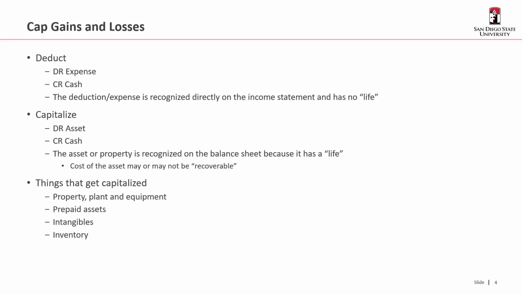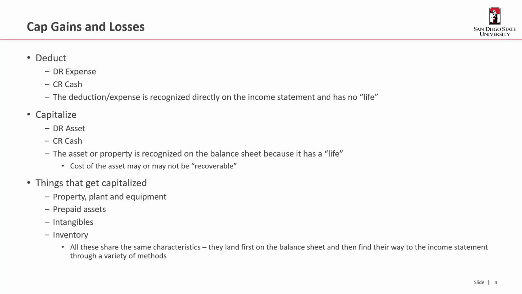So things that get capitalized are things like property, plant, and equipment, right? These fixed assets that we're used to seeing. Prepaid assets are capitalized and then amortized. Intangibles can be capitalized. And of course, the cost of inventory, strangely enough, is capitalized until that inventory is sold, and then it becomes cost of goods sold. So even that is a capitalized cost.